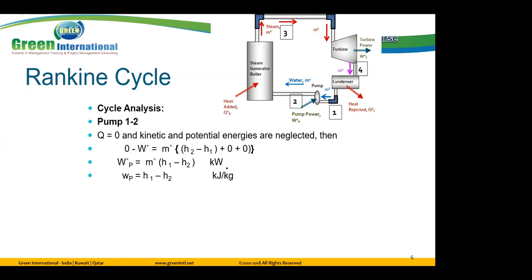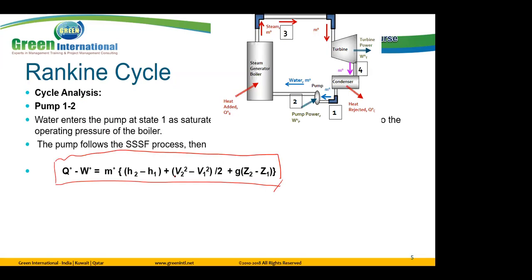Pump, for example. H and Z are not the height; they are different types of energies, like potential energy, kinetic energy, or the flow energy.